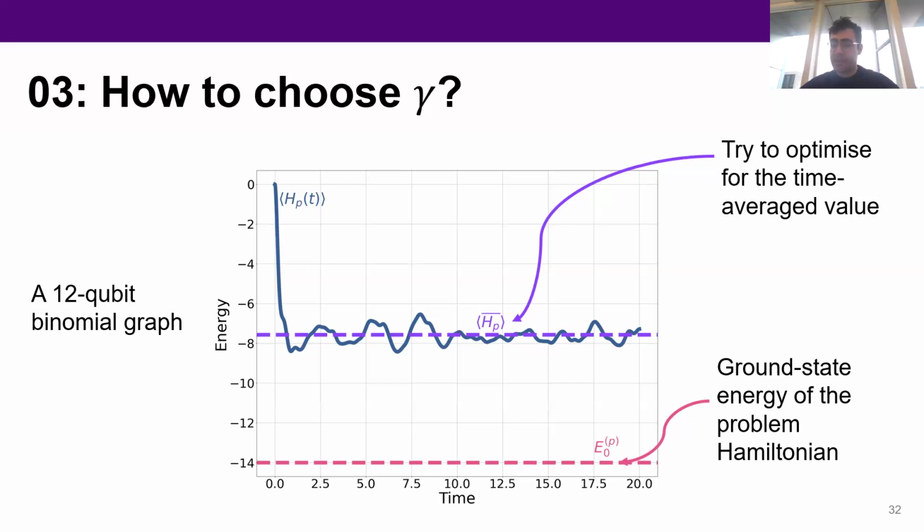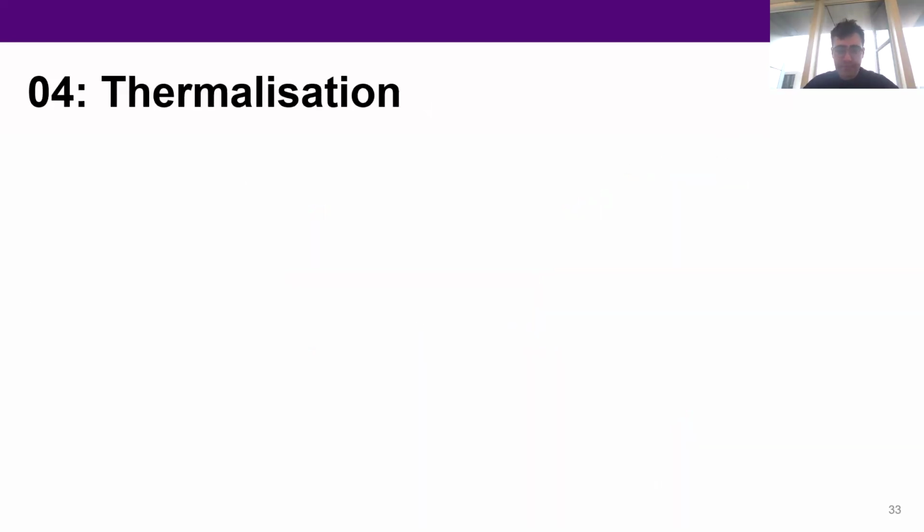But we see this isn't the case. Instead, the expectation value of HP is oscillating around some steady state value, shown here by the dashed purple line, which is the time average value of HP. So instead of optimizing for any given time, what we're going to aim to do is try and optimize for this time average value.